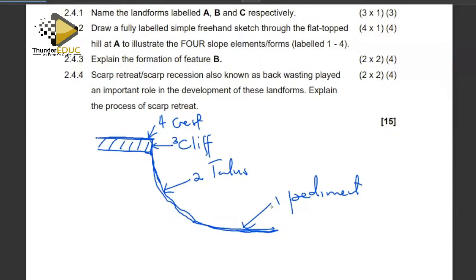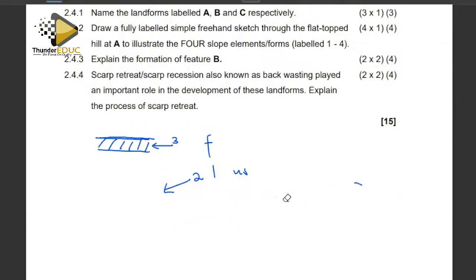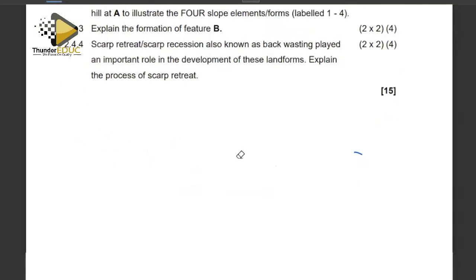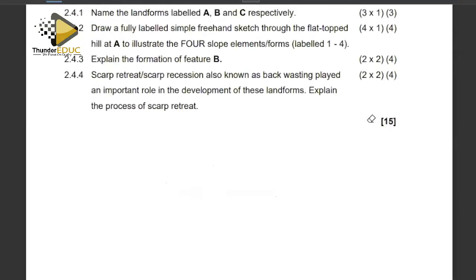Right, explain the formation of feature B. Right, feature B, how does it form? Feature B, we said it's a conical hill. So what happens here when you explain it simply, I will try to use an illustration. Right, let's start with this.